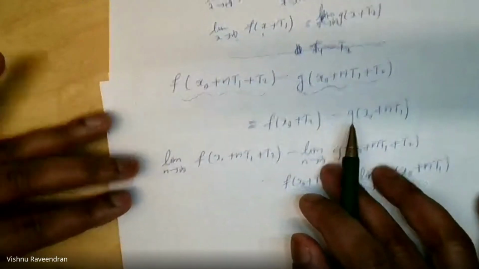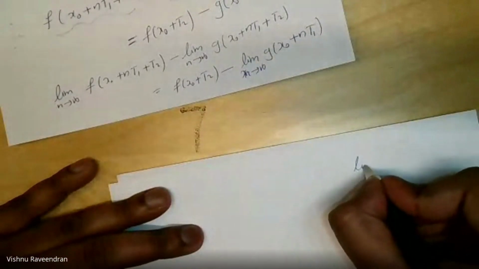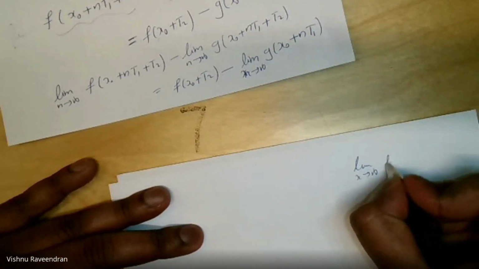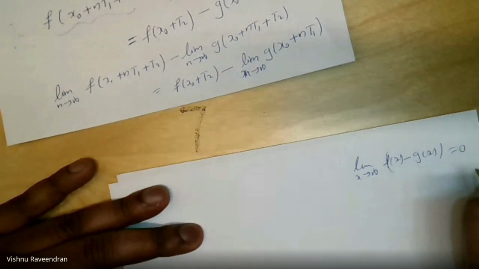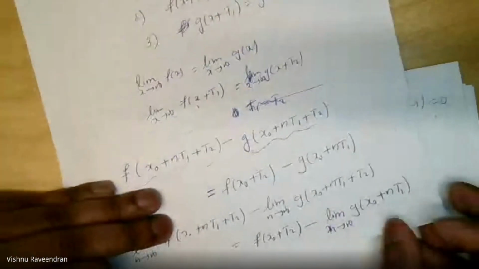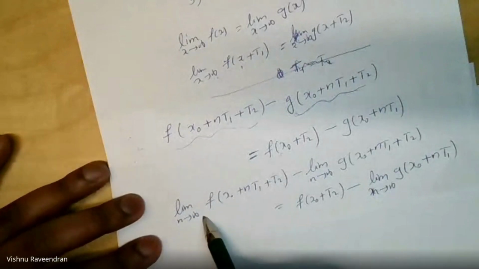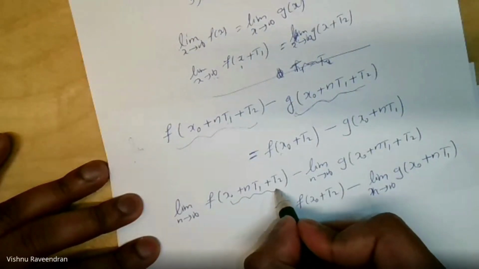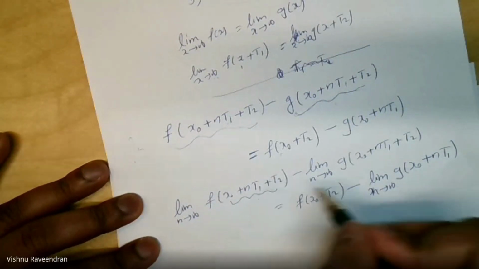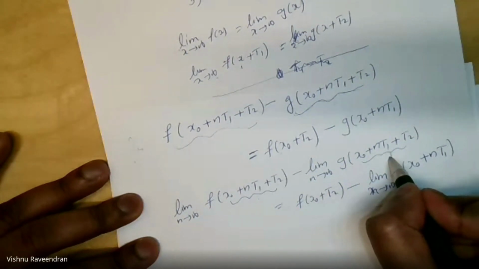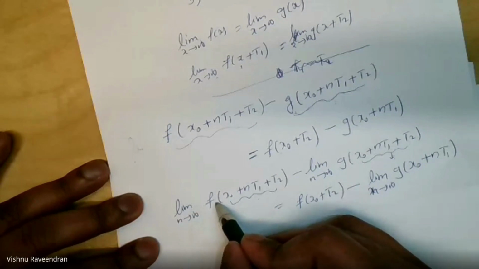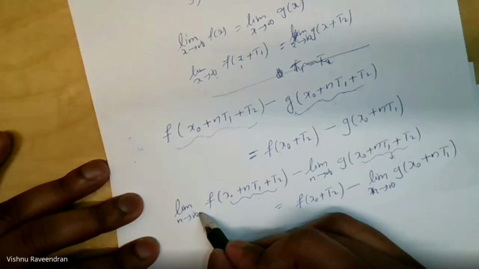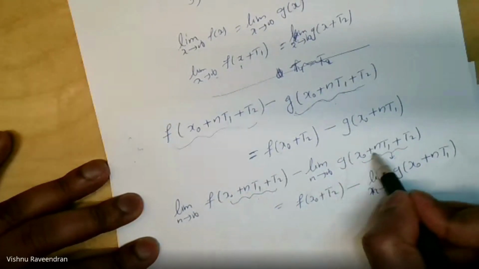So I have the condition that limit x going to infinity f of x minus g of x equal to 0, right? So that I will use here. So limit n going to infinity, this whole term will go to infinity. Similarly, this also goes to infinity. So this is basically limit x going to infinity f of x minus g of x.